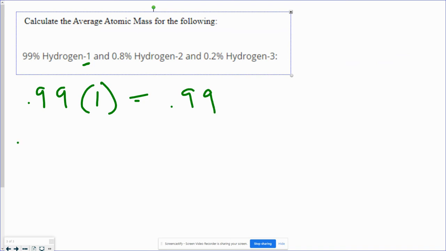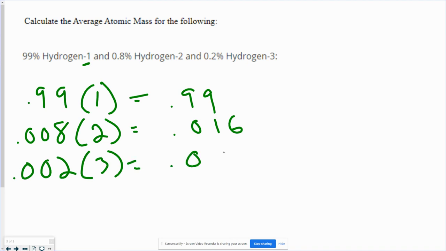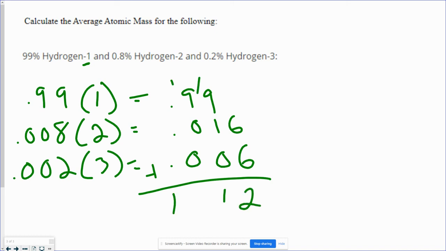You're going to do the same thing with 0.008 times 2, giving us 0.016. We'll take the 0.002 and multiply it by 3, giving us 0.006. Add it up, and you get 1.01.